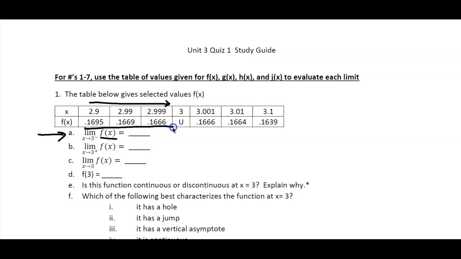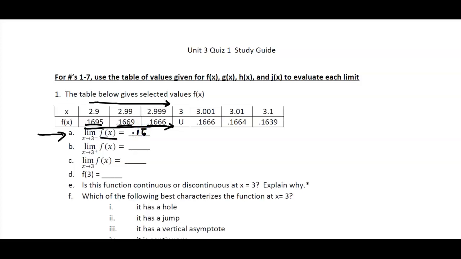So what y value are we approaching from the left? Well, it's 0.16, 0.1669, 0.1666, and so I think it's safe to say that the y value we're approaching is probably 0.16 with a bar on the top of it.